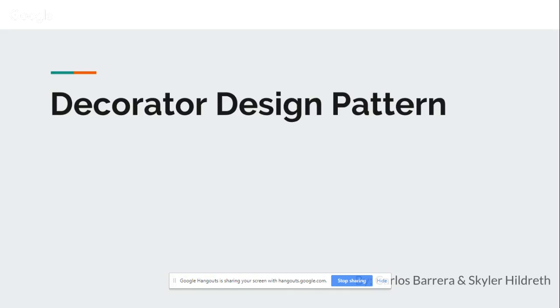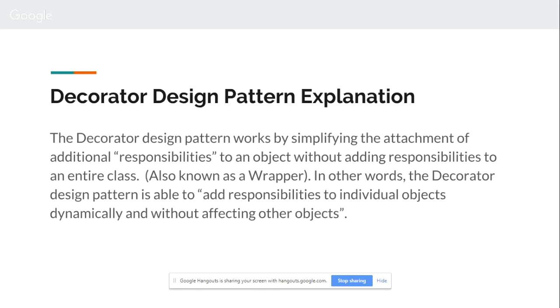Hello class, my name is Carlos Barrera, and I'm going to be talking about the decorator design pattern. The decorator design pattern works by simplifying the attachment of additional responsibilities to an object without adding responsibilities to an entire class, also known as a wrapper. In other words, the decorator design pattern is able to add responsibilities to individual objects dynamically and without affecting other objects.